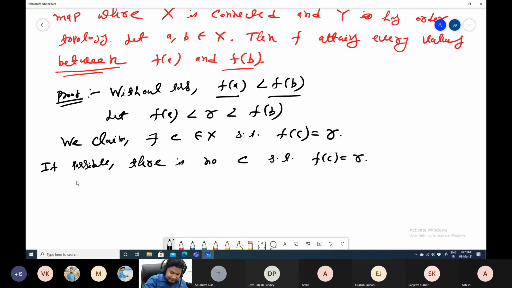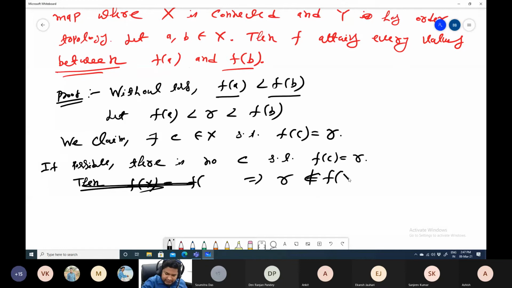That means r is not in f(X), a subset of Y. So r is not in f(X), right?